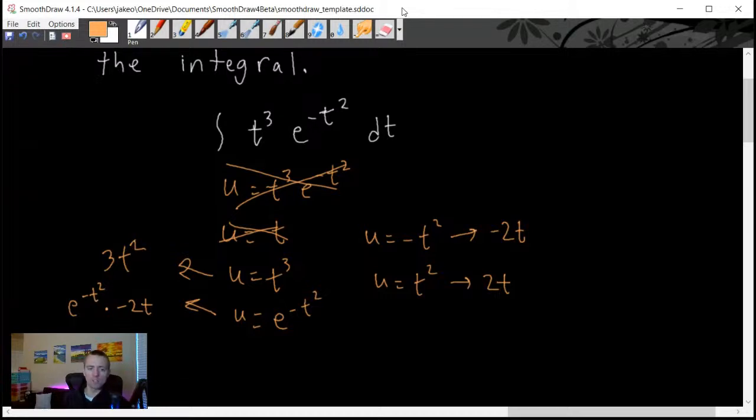And you want to think about this because if the derivative of the thing that you're choosing for u is somewhere else in your equation, usually that's going to result in those things canceling out and creating a simpler problem for you. In this case, we can see that if we make our u be t cubed, the derivative is 3 times t squared.